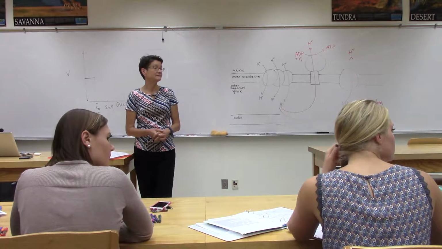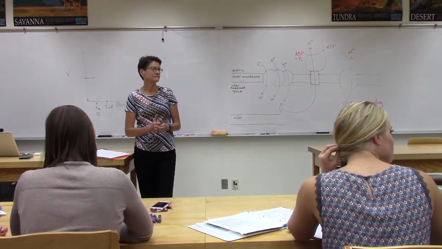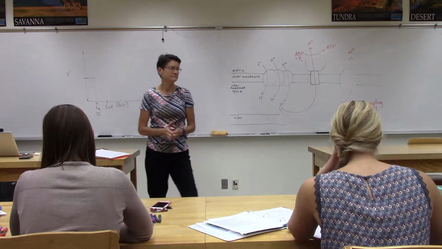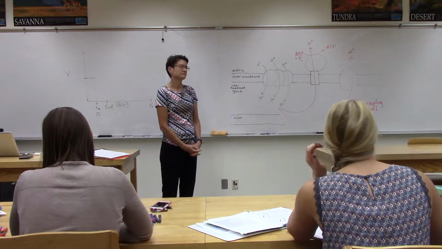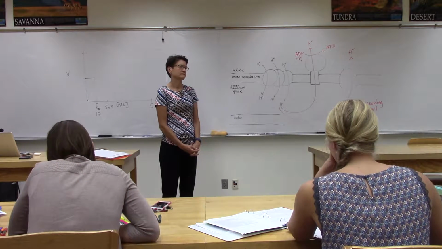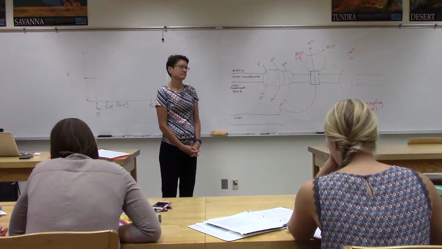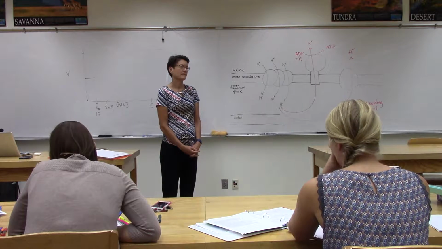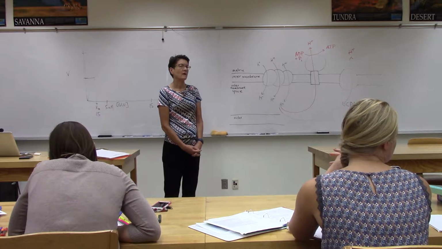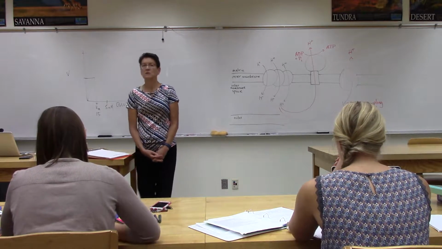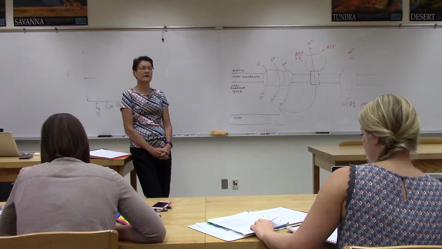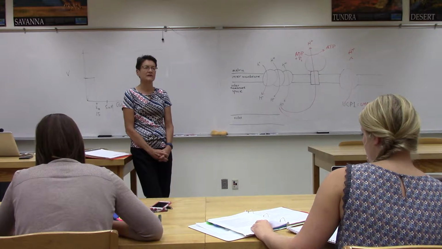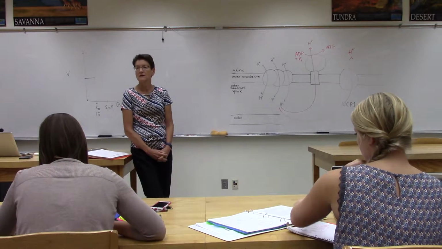Yeah, Ralph. For number 15, it asks about describing the E1 and E2 states. I remember you drawing it yesterday. What was the step that was blocked by digitalis? Does anybody remember if it is the E1 or E2 phase that the sodium potassium pump is locked in?